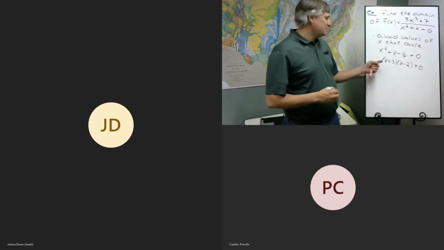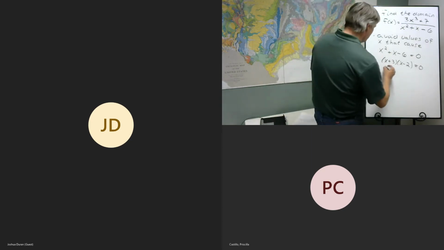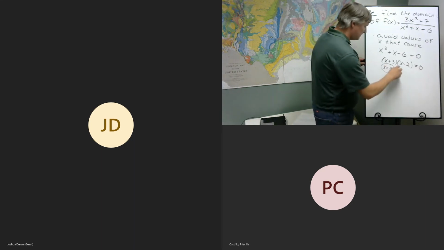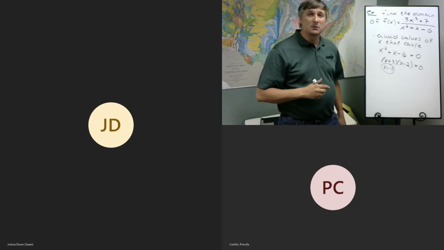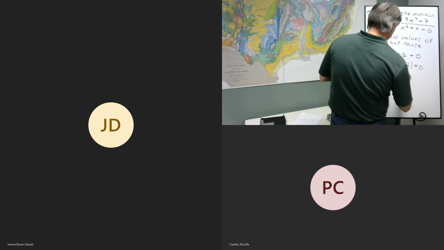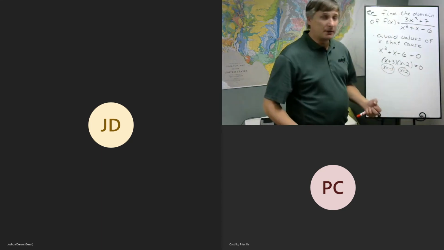And if we think about this, what number plus 3 is 0 will give us 0. That's x is -3. What number minus 2 would give us 0? Well, that would be x equals 2. So these are the two numbers to avoid.